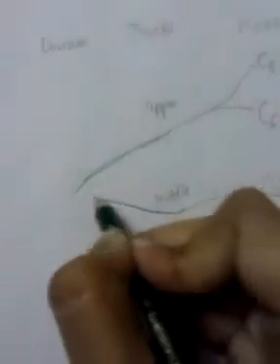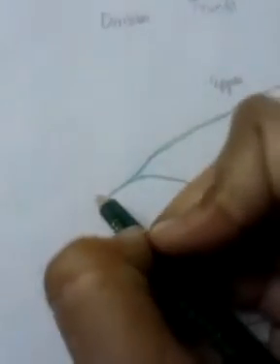So the ventral division of the upper trunk combines with the ventral division of the middle trunk, and here they form the lateral cord. Then the ventral division of the lower trunk remains alone and it forms the medial cord.